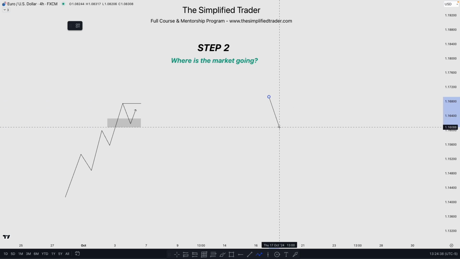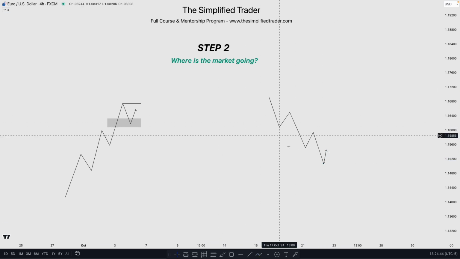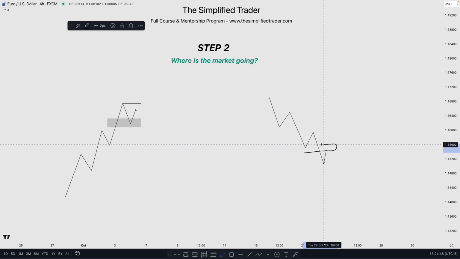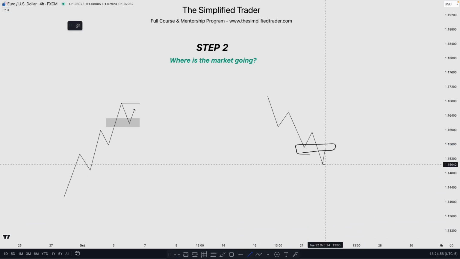In the same example, just a bearish version, where has this market been? This market has potentially traded into either an order block or a bearish fair value gap. Now, where's this market going?